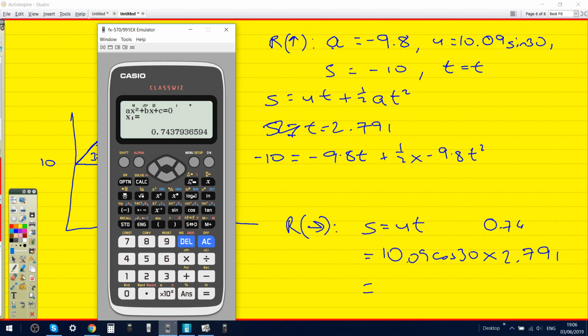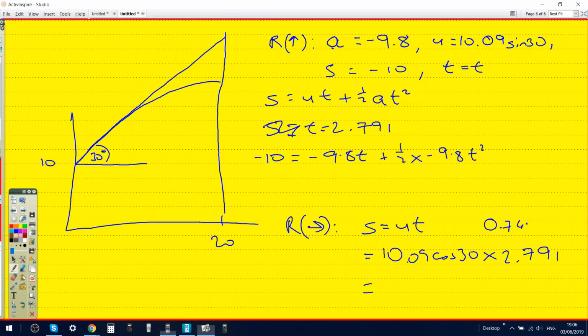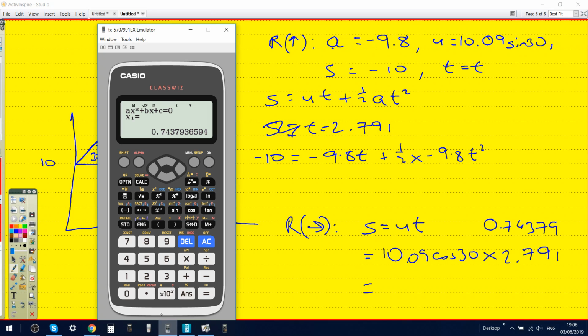So did you put it into your quadratic solver? No, I just put in the solve and did -10 equals 10.09 sine 30 times t plus half times minus 9.8 times t squared. I used the wrong one.